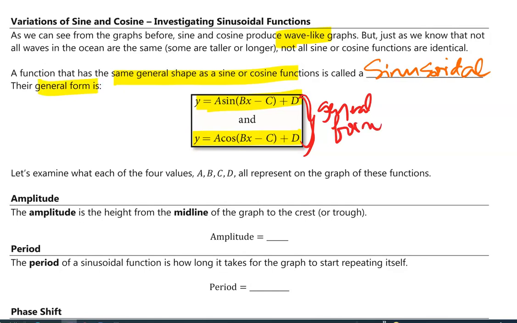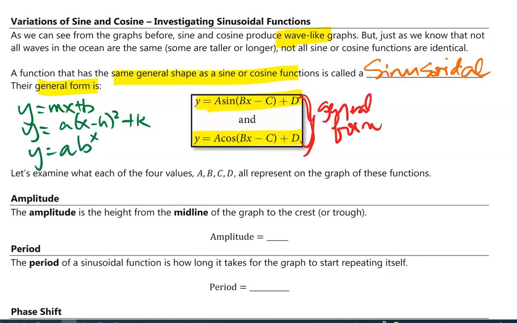Just like, if you remember, for a line we have mx plus b. For a quadratic, a times (x minus h) squared plus k. For an exponential, say a times b to the x. So this is for sine and cosine.